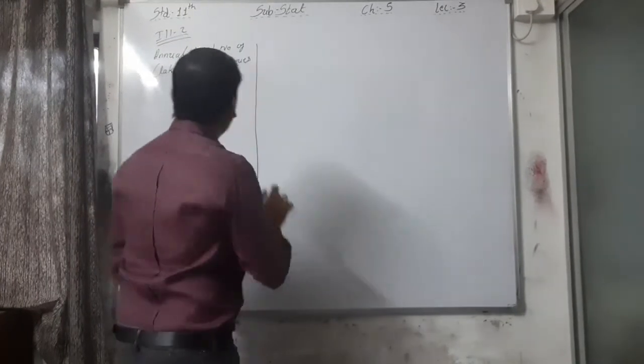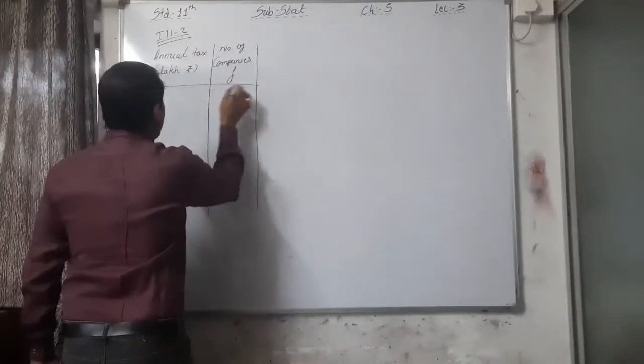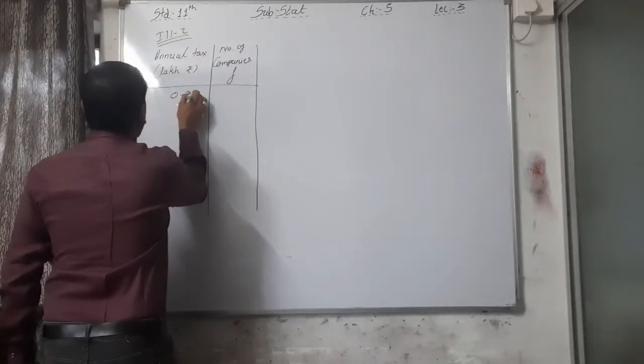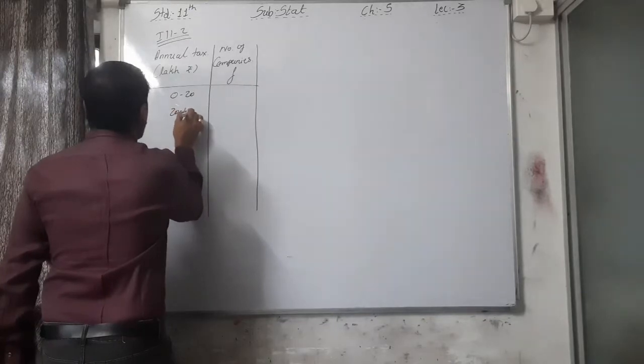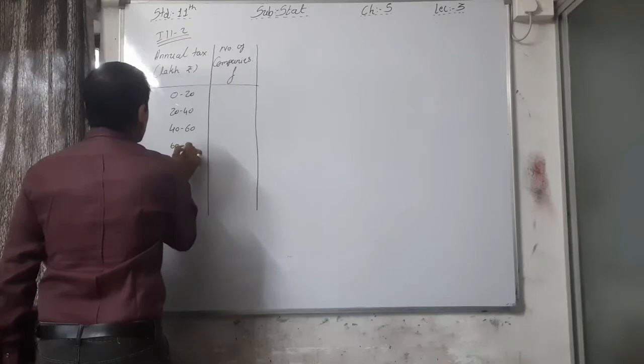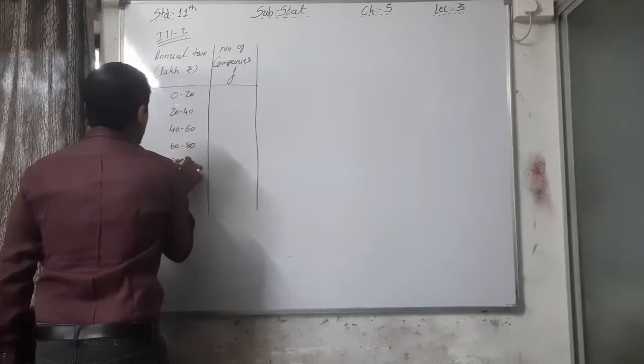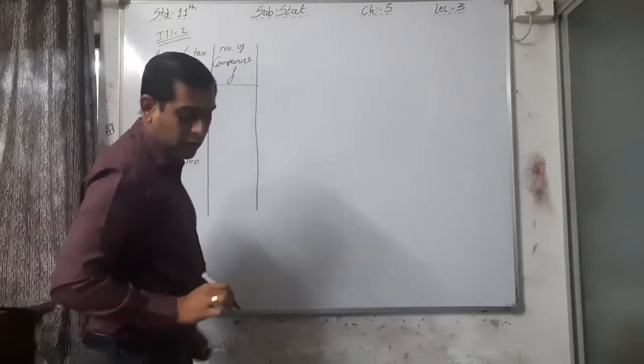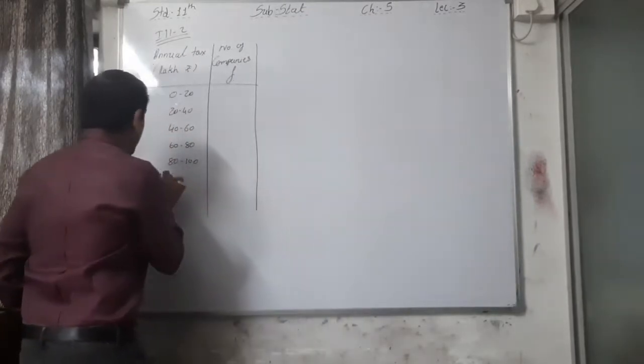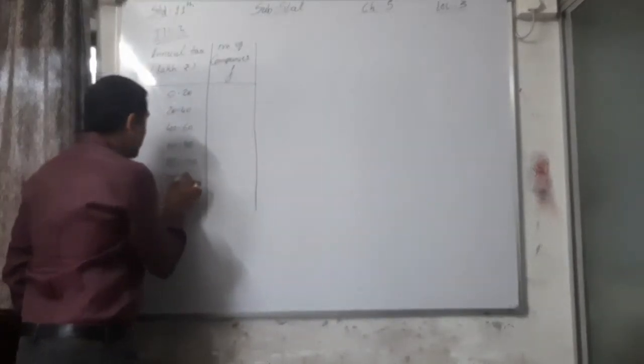Now I am writing the question first: 0 to 20, 20 to 40, 40 to 60, 60 to 80, 80 to 100, and the last one is 100 to 120.